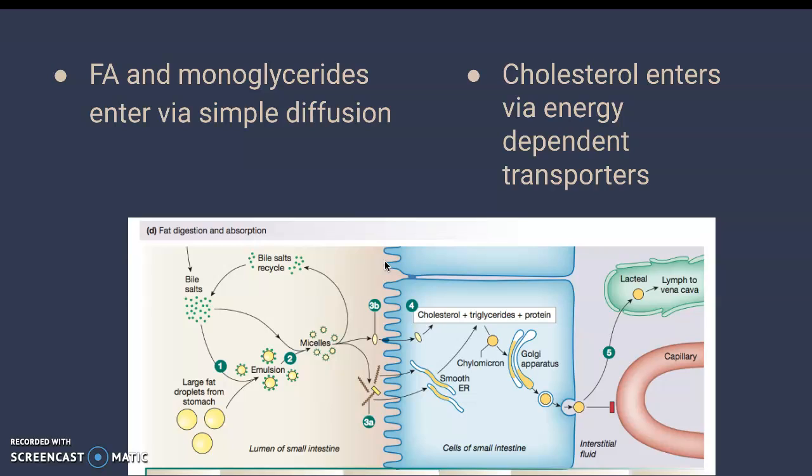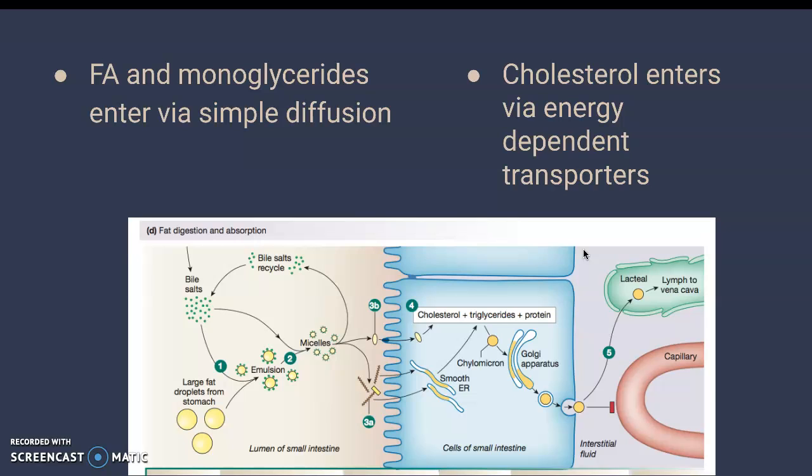Cholesterol, however, moves across via specific energy-dependent membrane transporters. One example of this is NPC1L1, and these are inhibited until the body is ready to absorb this cholesterol.